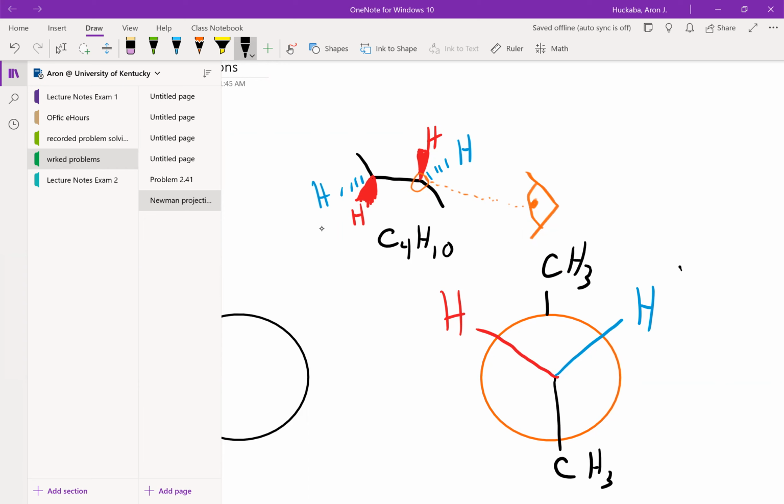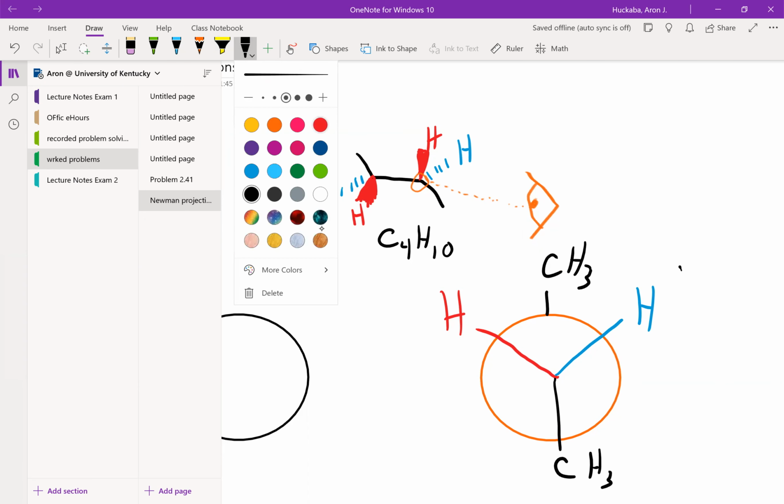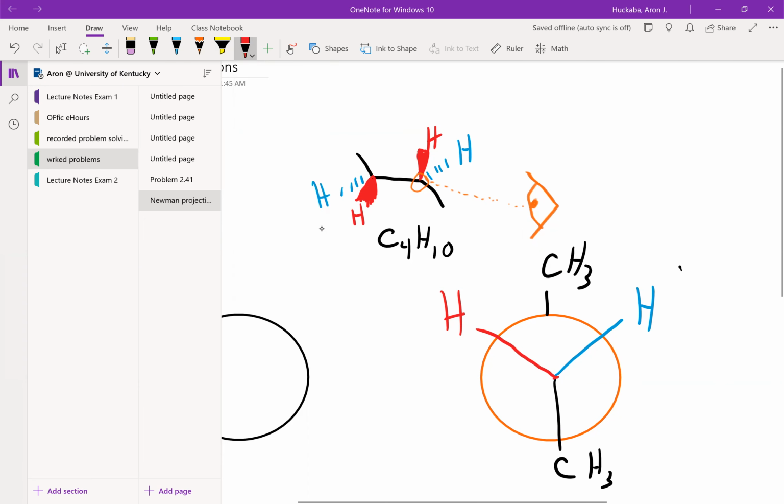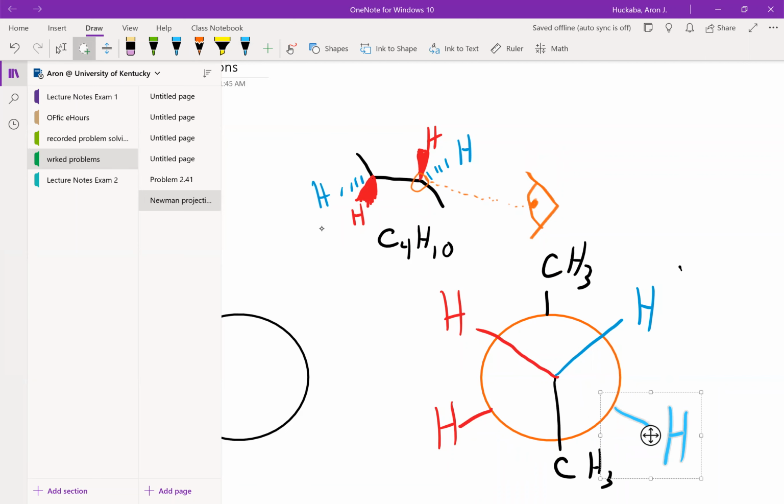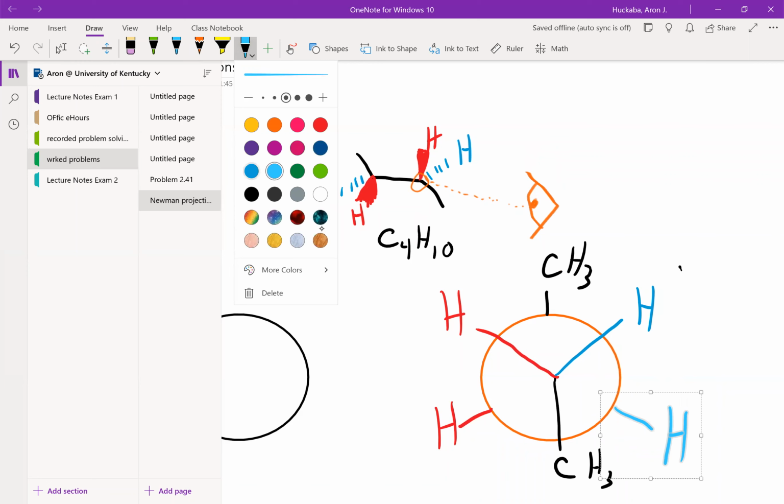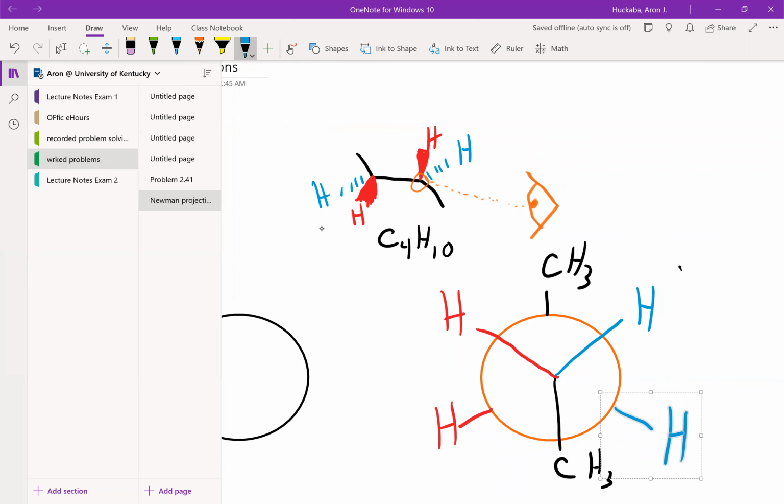And the wedge hydrogen pointed to the left on the same side as the other wedge hydrogen, and the dash hydrogen also on the same side as the other dash hydrogen. Okay. So that's how this molecule would look if you were drawing a Newman projection from that carbon.